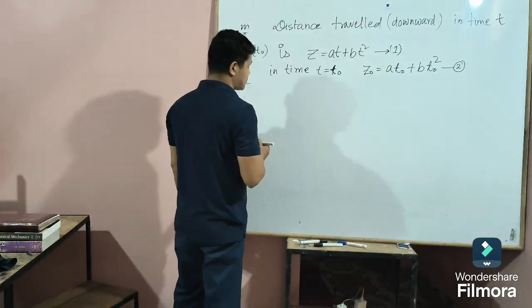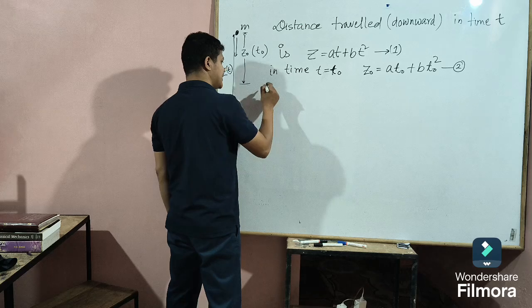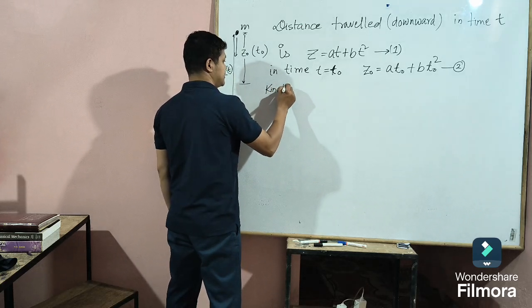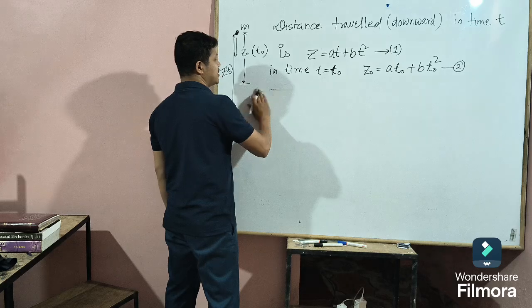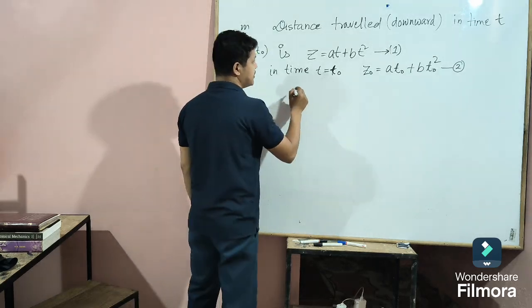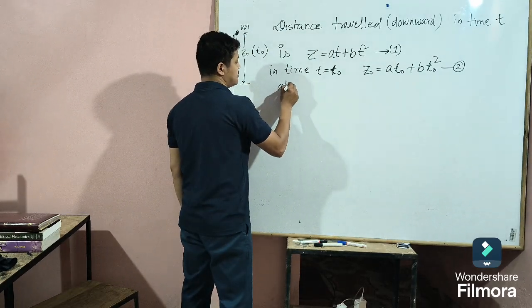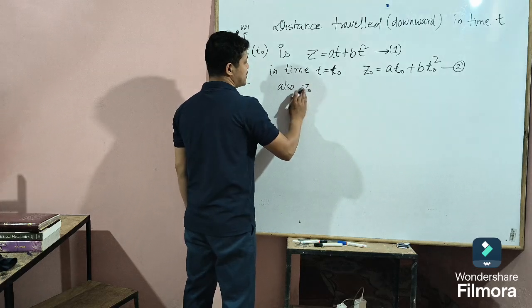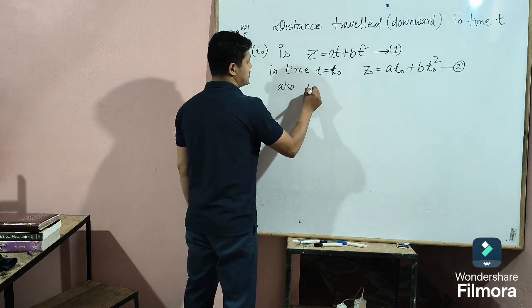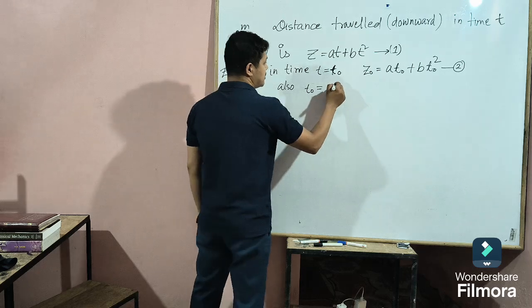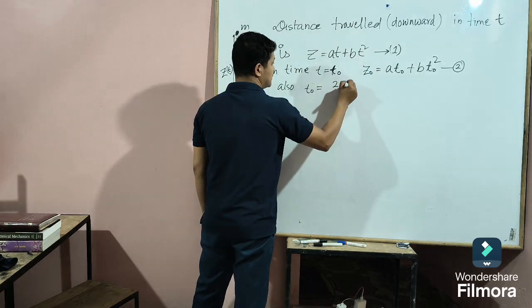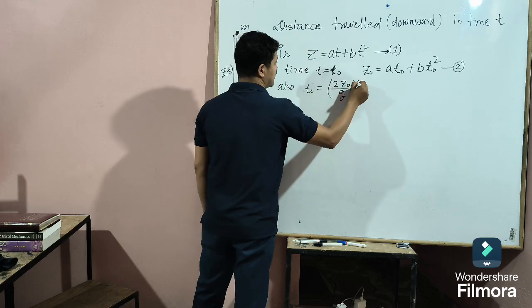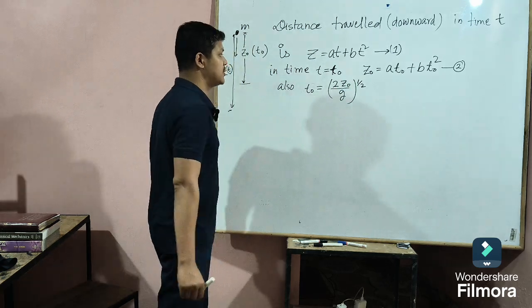Now you see, one more thing is also given, that t naught is equal to (2 z naught by z) to the power half. That is given in the question, right?